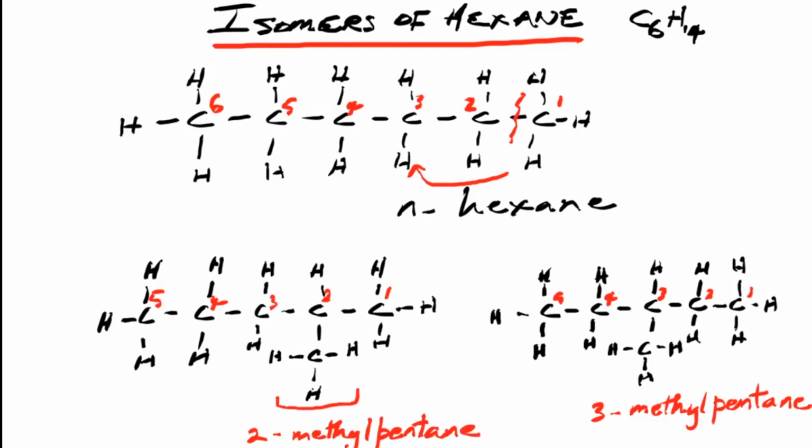And there are at least 2 more that I have in mind. So we're going to go for a new page. So we have, when we have 4 carbons, we can look at ways that we can put the other 2 methyl groups.